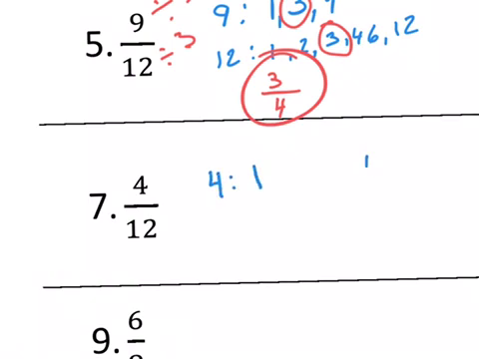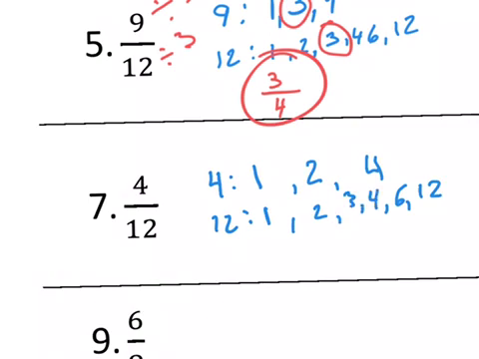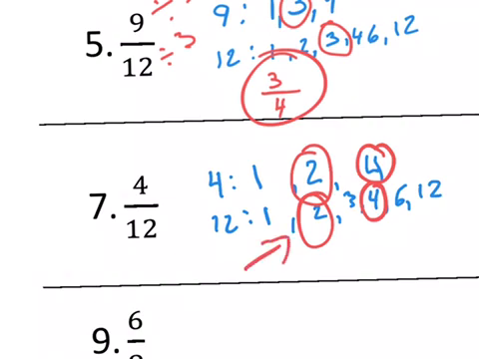Is not a prime number. 12 is also not a prime number. Let's see, they both share the number 4. So they both share two numbers here. They share 2 and 4. If you simplify by 2, you'll just have to simplify again. So we could simplify this by 2.